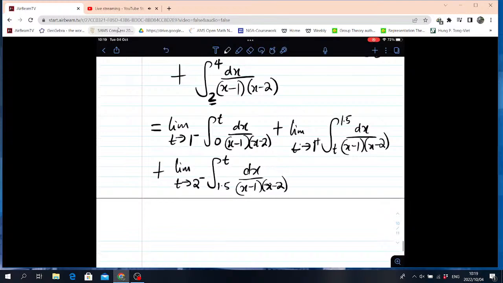And the last one is the limit as t tends to 2 from the right of the integral from t to 4 of dx over x minus 1, x minus 2. And so we have managed to write this as a sum of 4 limits, as we were supposed to do.